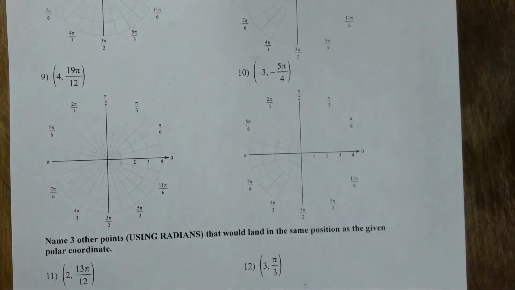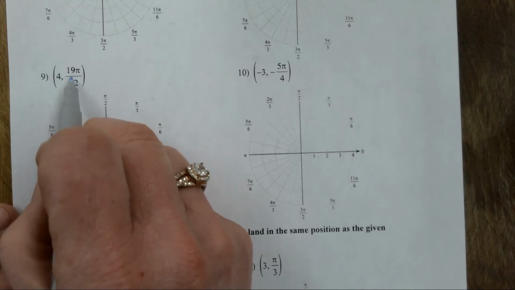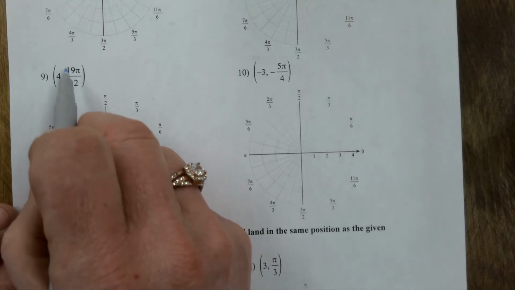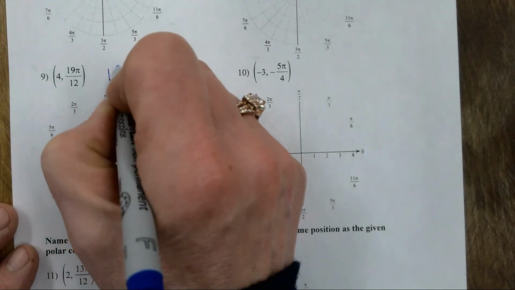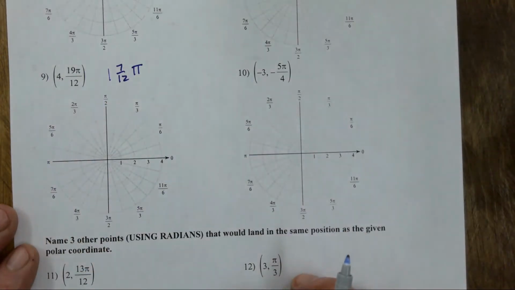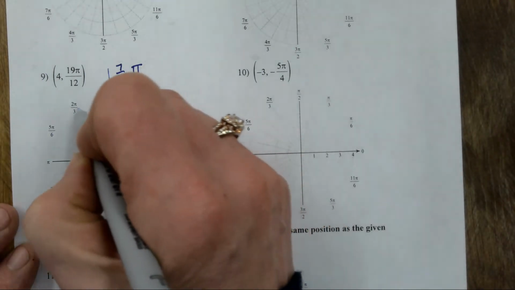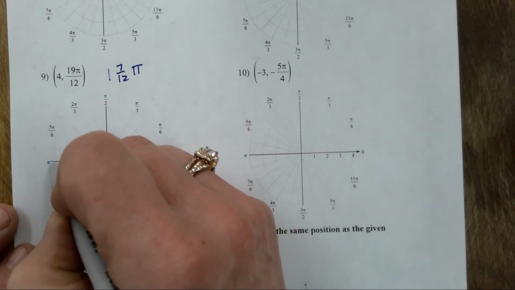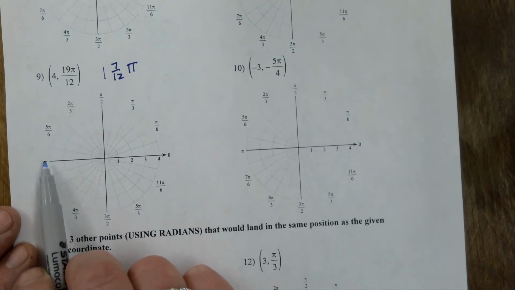So this means move out 4, and then I'm going to change this to a mixed number again, just like we did when we were trying to graph them. This is 1 and 7/12 pi. So I go out 4, and this is 1 pi. 1 pi and 7/12 more.